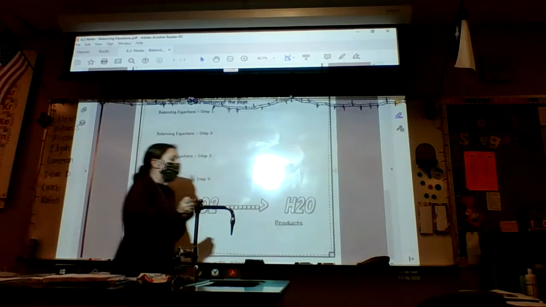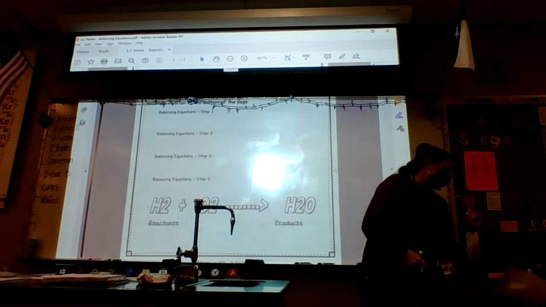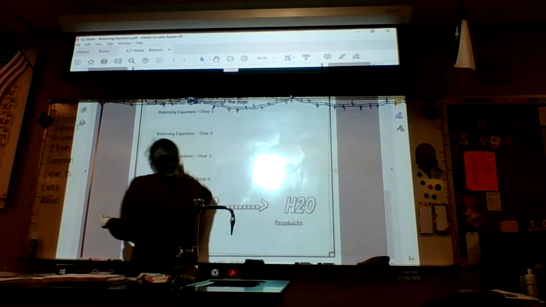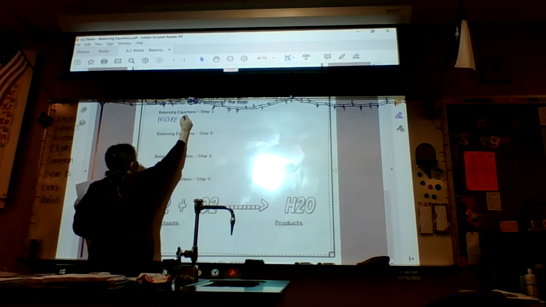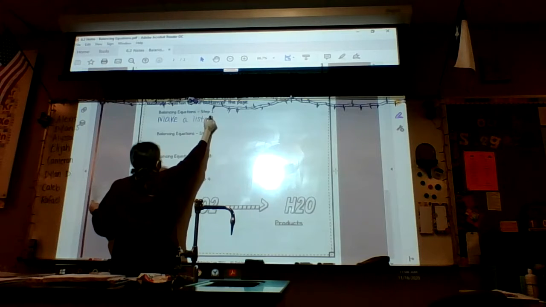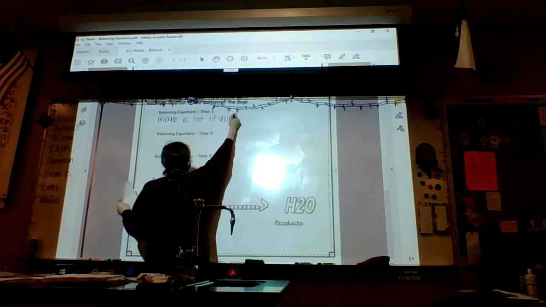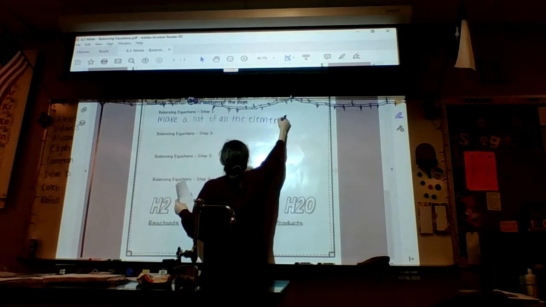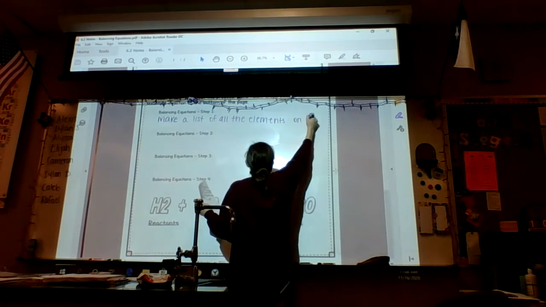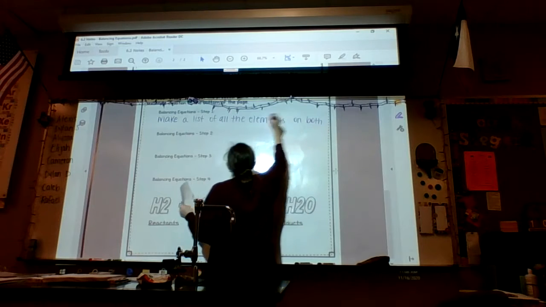So, step 1 for balancing equations, make a list of all the elements on both sides.